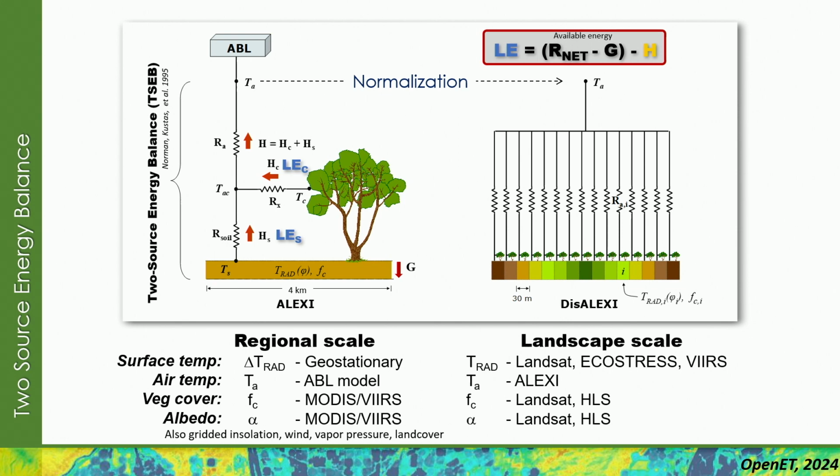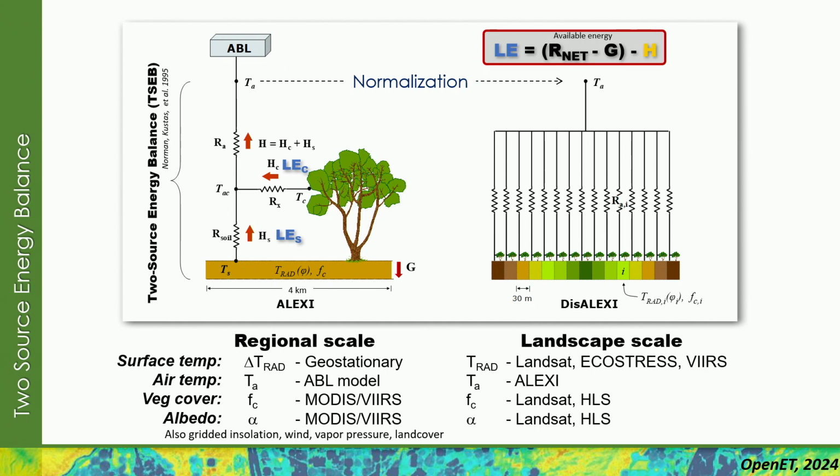So here we can see that this model has 2 parts, ALEXI and DisALEXI. The ALEXI part is a coarse resolution part. It combines the geostationary land surface temperature observation with atmospheric boundary layer conditions, so we can solve this energy balance issue at this coarse spatial resolution, and we can get the air temperature at the boundary layer.